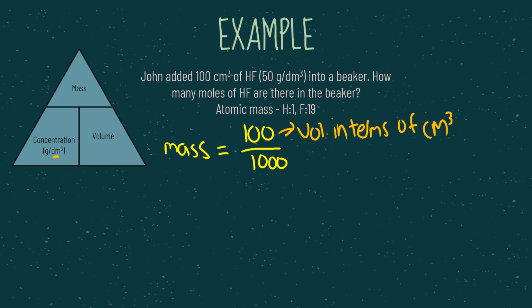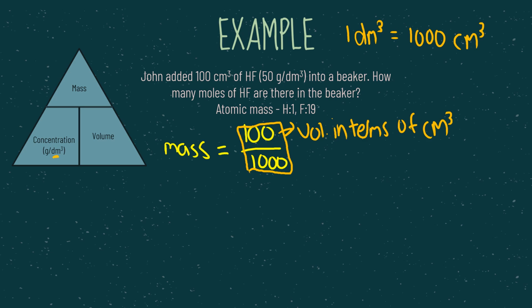So we will first need to convert cm cube into dm cube, and to do so, we take 100 over 1000. Remember in our earlier slide, 1 dm cube is equal to 1000 cm cube. Therefore, for us to find 100 cm cube, we first take 100 divided by 1000 to give us this entire thing in terms of dm cube.